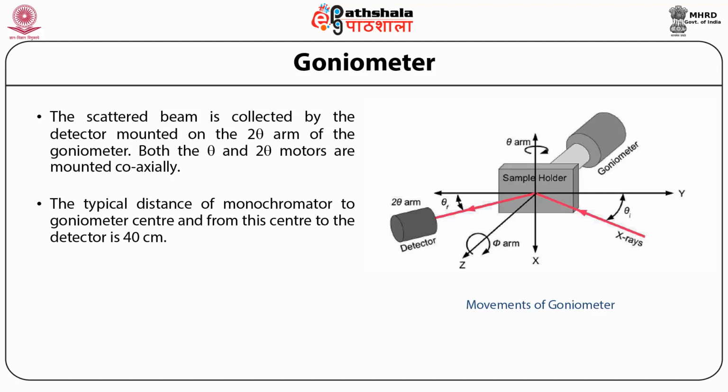The typical distance from the monochromator to the goniometer center, and from this center to the detector, is of the order of 40 centimeters for a lab goniometer. Movements of the goniometer are indicated in the figure.